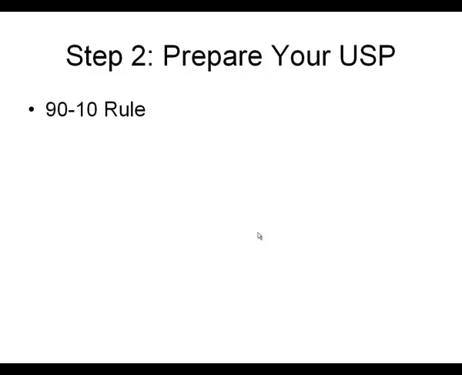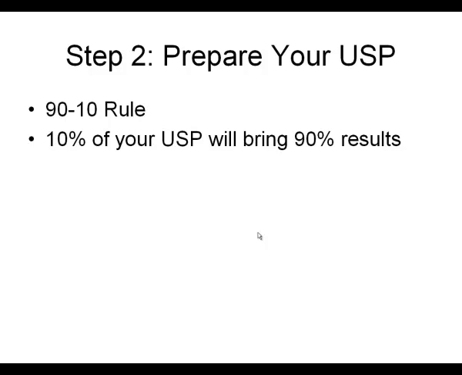This is the 90-10 rule. So in business, the 90-10 rule means that 10% of all your efforts are going to bring 90% of all your results. So for this, 10% of all your unique selling propositions or your offers are going to bring 90% of your leads, and the rest, the 90%, will bring in very little.